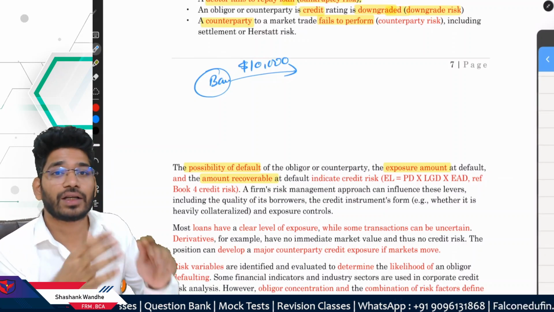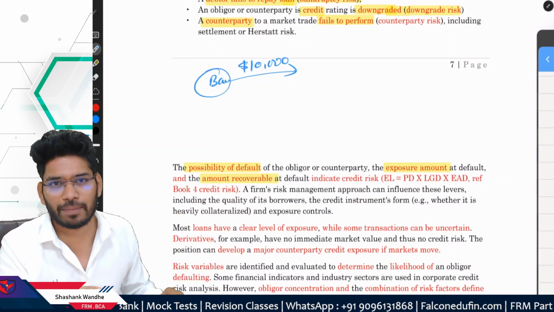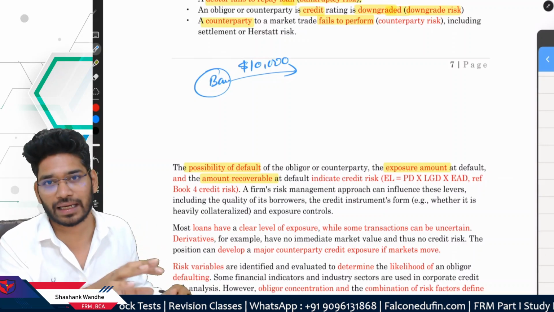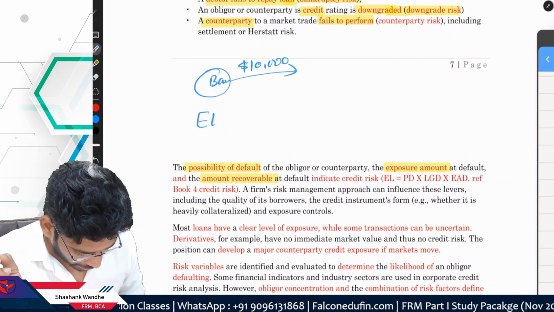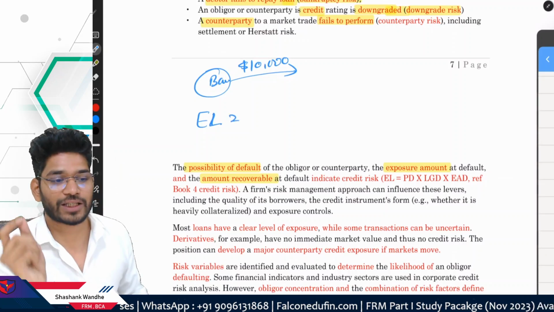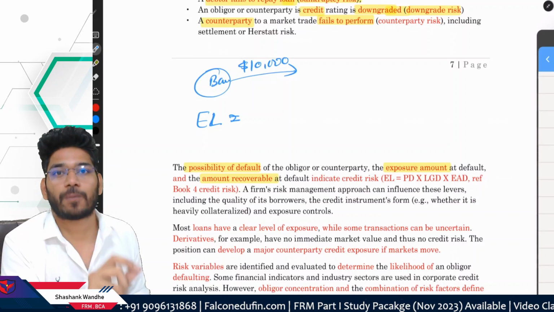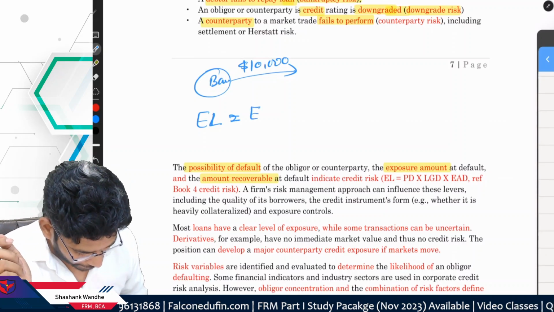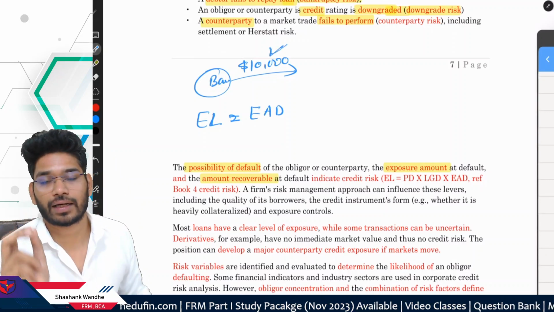For example, you expect that you will score this much in an examination. This is based on probability, your own assessments, and the like. Same thing with expected loss, which is denoted as EL. Expected loss is calculated as: what is the exposure currently? Currently, the exposure is $10,000.